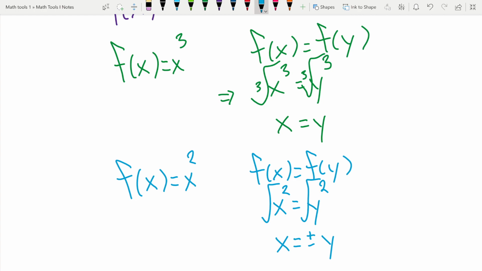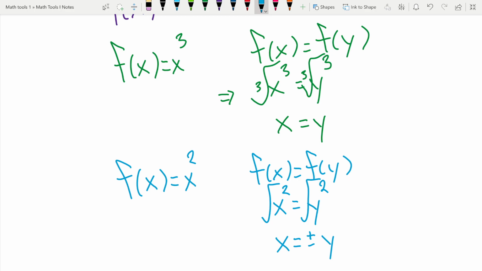Both of those numbers squared give you the same value. So when you are considering these equations and you're taking the square root, you have to think of both the positive and negative parts of that. So f of x equals f of y doesn't imply that x equals y in this case, because x could be negative y. So we're looking for things like that, where we might not get a unique answer on both sides.